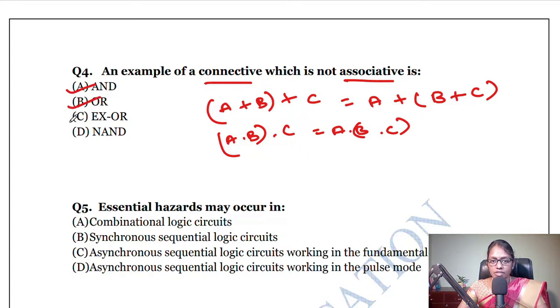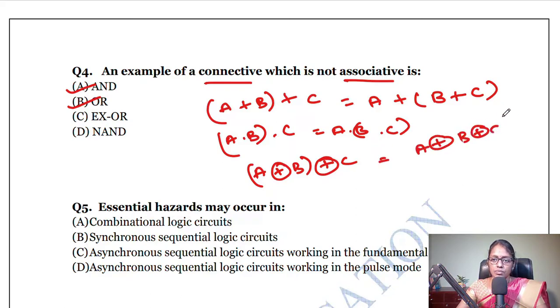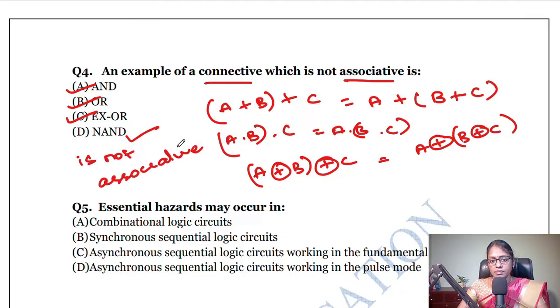And if you take XOR, A exclusive B exclusive C equals A exclusive B exclusive C. Check the truth table for this and you will see that the XOR gate is also associative, but they are asking which is not associative. The NAND gate is not associative.